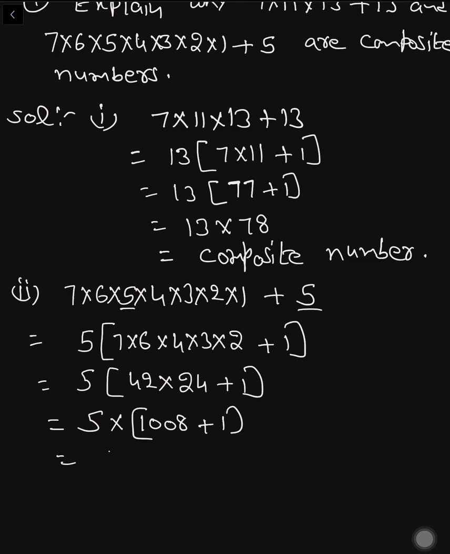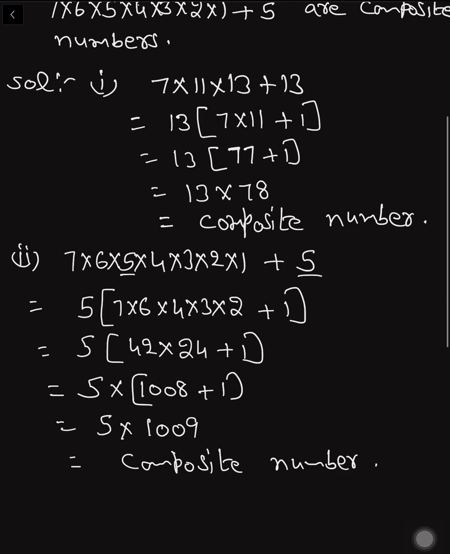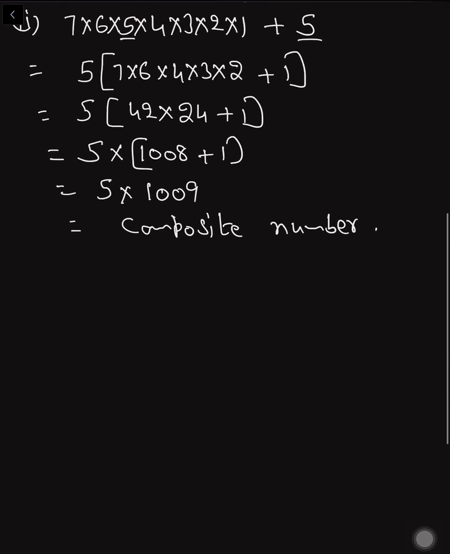That is equal to 5 into 1009, which is a composite number. So if numbers have more than 2 factors, they are simply called composite numbers.